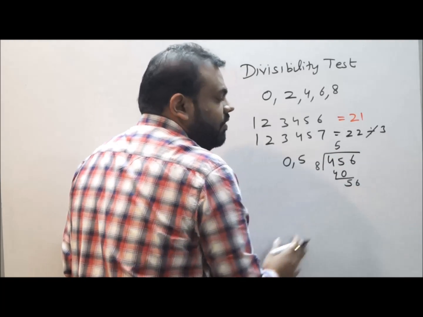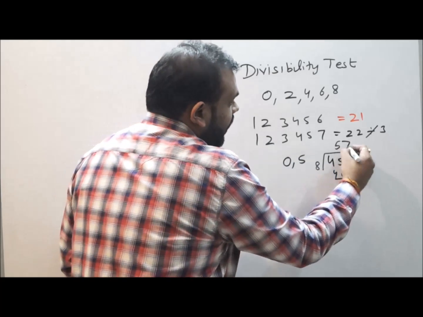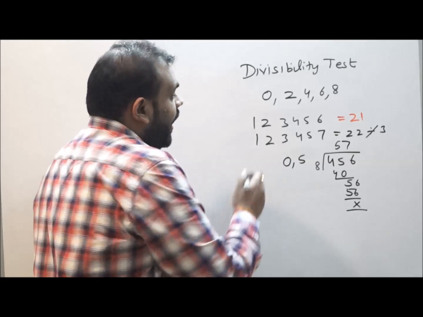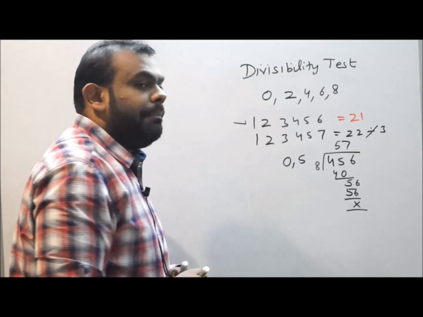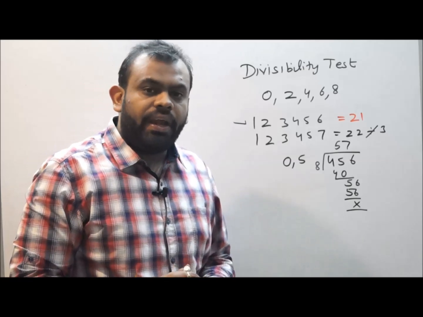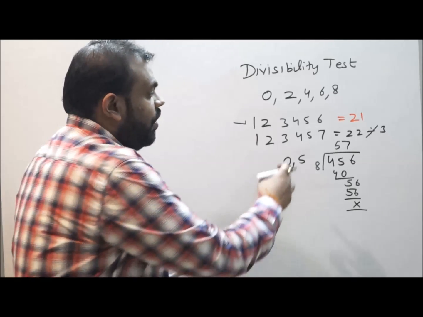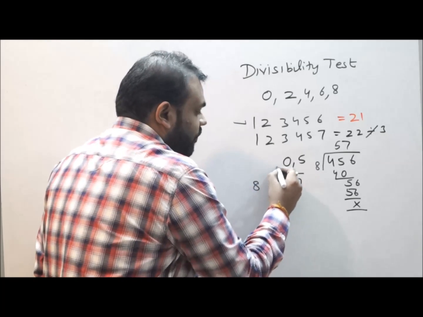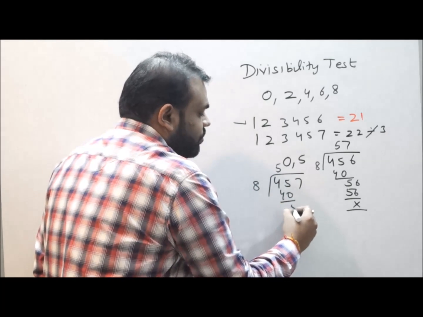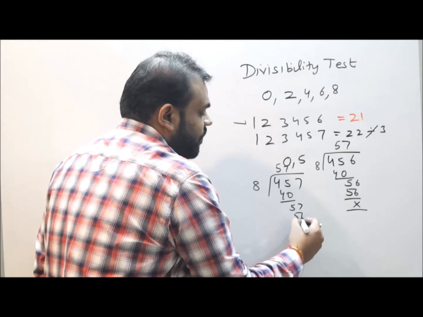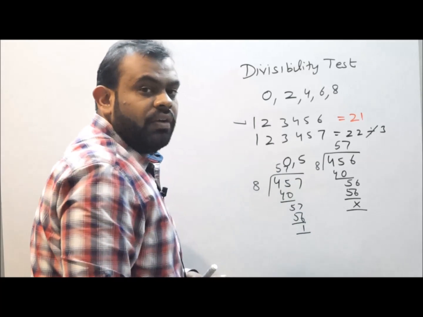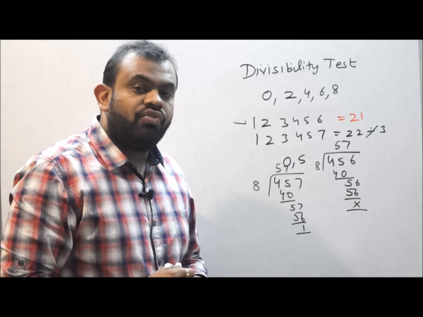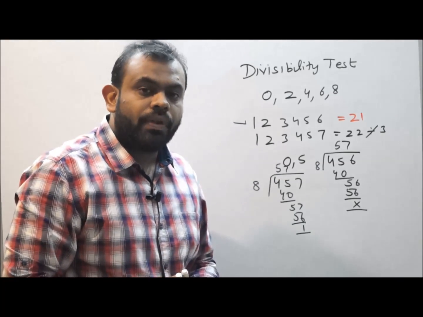The remainder is 5 and 6 gets carried down. 8 7s are 56. Hence, the remainder is 0. I can see that my first example is divisible by 8, whereas in the case of my second example, it is 457. If I divide it by 8, 8 7s are 56. The remainder is 1, which means that 123457 is not divisible by 8.